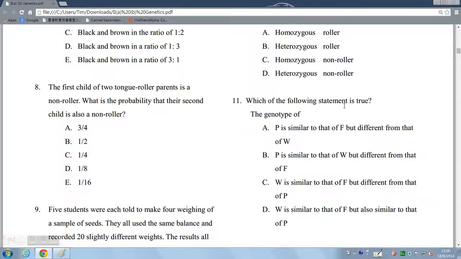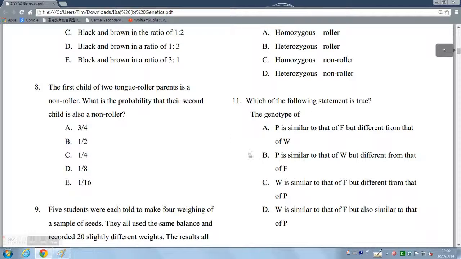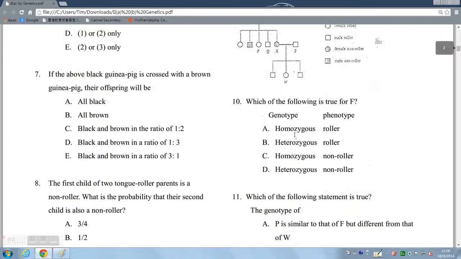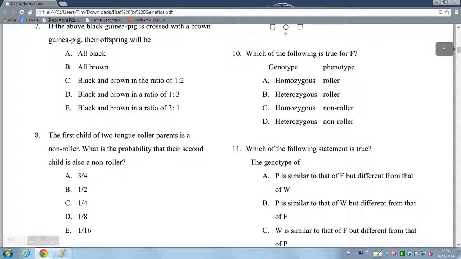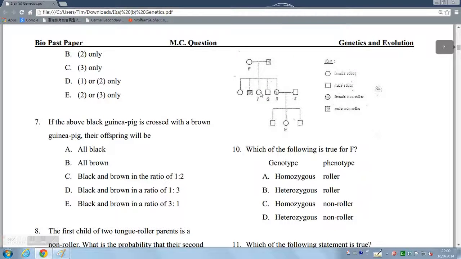And 11 asks which of the following statements is true about the genotypes of these individuals, whether similar or different. And so basically it's asking us what are the genotypes of P, F, and W and their similarity or difference. And F, as we have just proved, is heterozygous dominant. And so let's go to P, which is here, and she's a female roller, meaning that she must possess at least one dominant allele for tongue rolling.